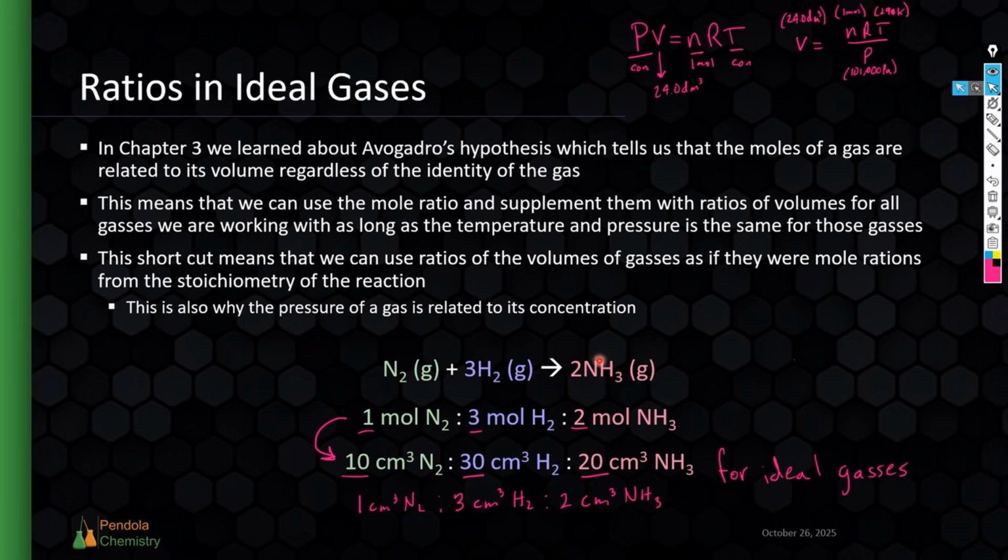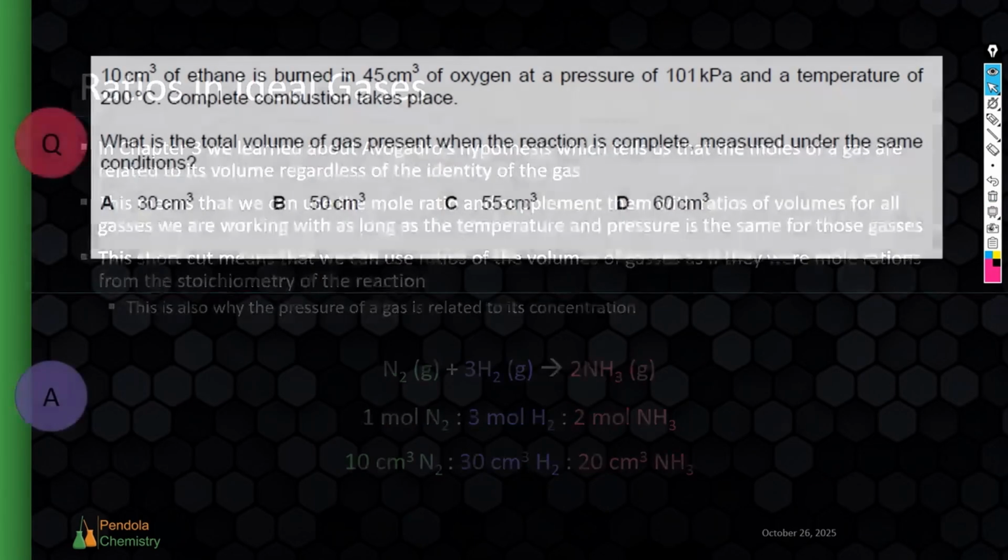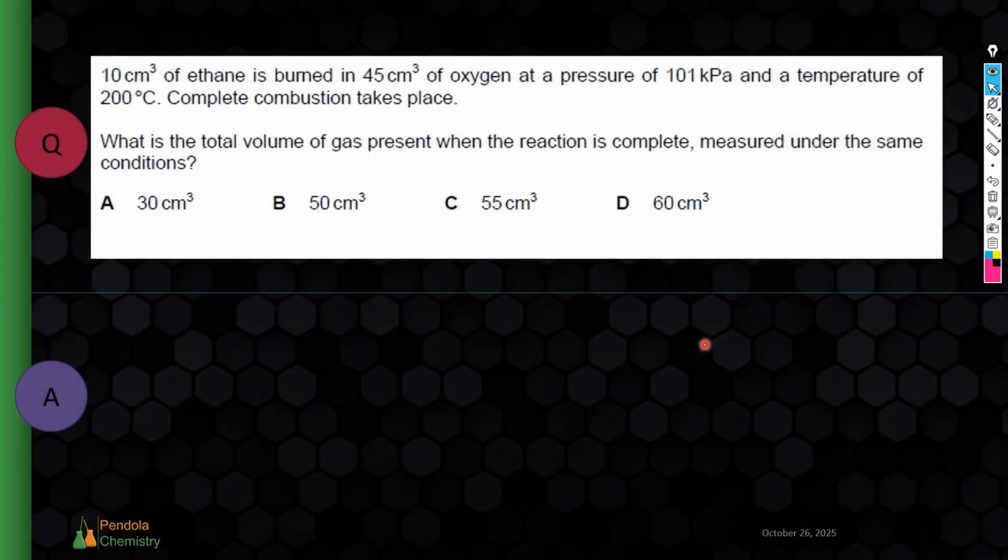Some problems that will be very complicated in the AICE exam can be made much, much simpler by this idea of doing ratios of the volumes of the gases instead of their moles, because it essentially eliminates any need to convert from volume to moles and then back all the way around.